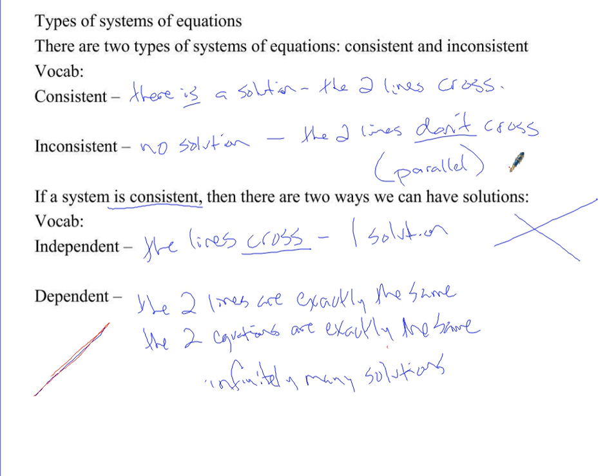If the y-intercepts are the same and the slopes are the same, then what do we have? This case right here, the exact same equation. But if the slopes are the same and the y-intercepts are different, then you have inconsistent, because they're parallel lines, they won't cross. Any other case, if the lines aren't parallel, if they don't have the same slope, then you have independent. The lines will cross. So all we're going to do in these problems is basically look at the slope. If the slopes are the same, then look at the y-intercepts.